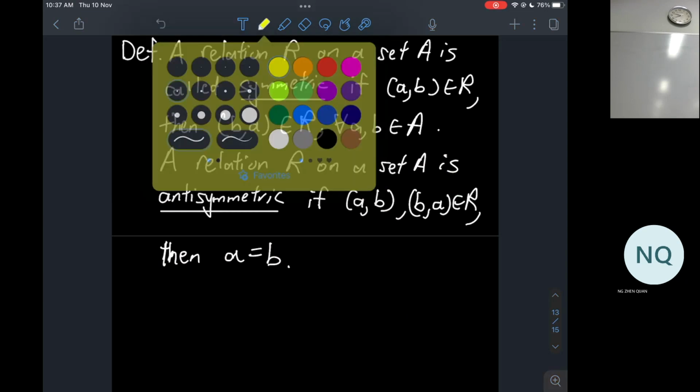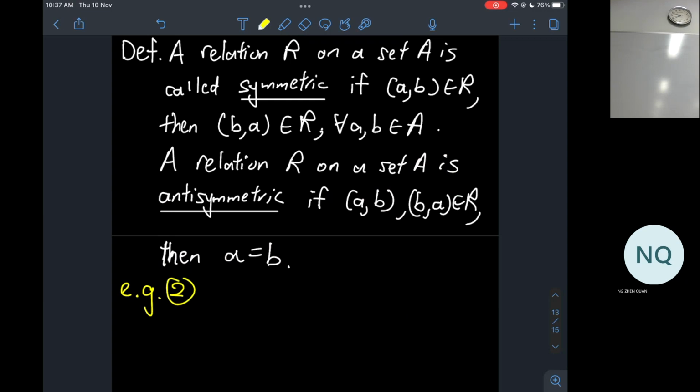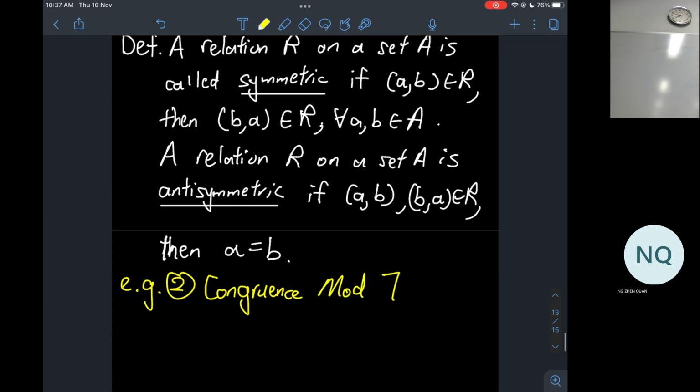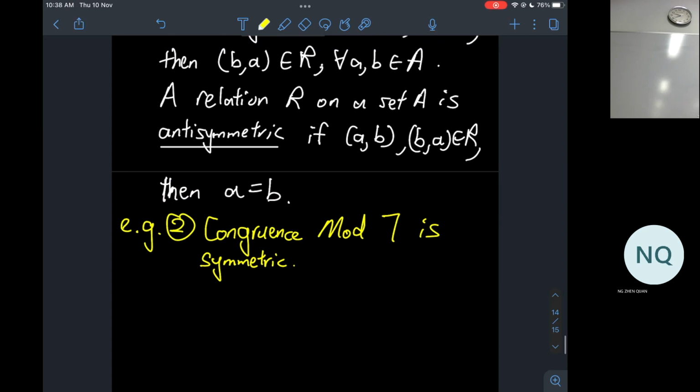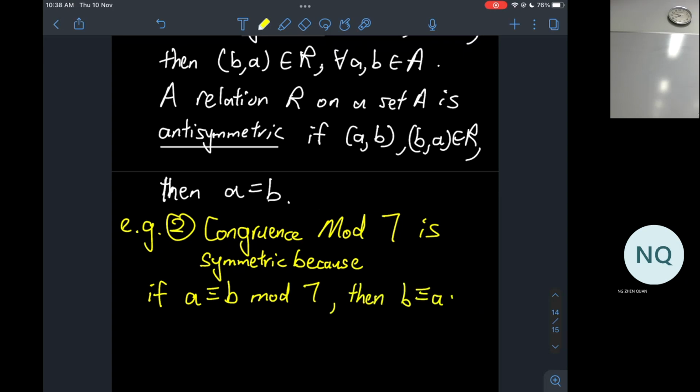Okay, let's look at an example. Congruence mod 7 is symmetric. Why? Because if a is congruent to b mod 7, then b is congruent to a mod 7.